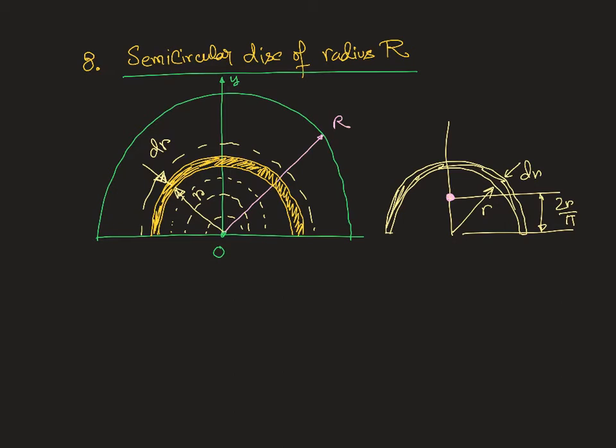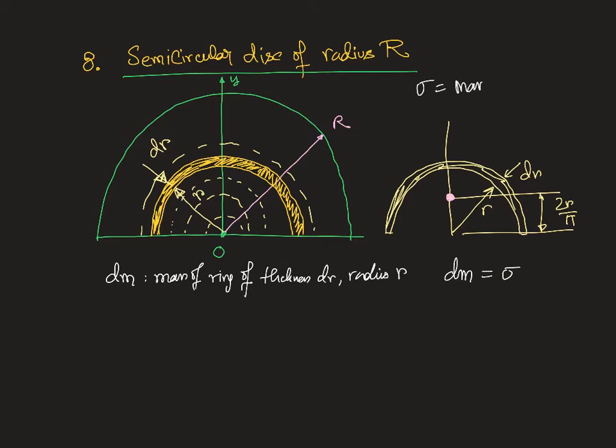Now dm is the mass of the ring, of thickness dr and radius r. So what is dm equal to? If sigma is mass by area, dm is sigma into pi r times dr, and the y coordinate.